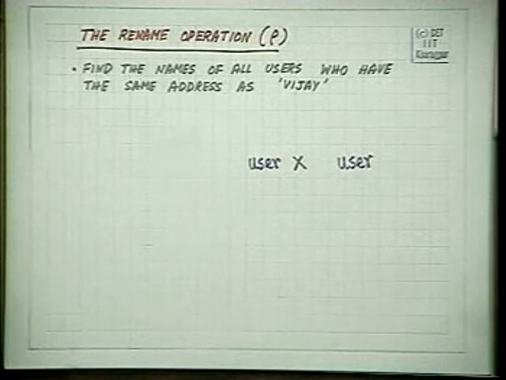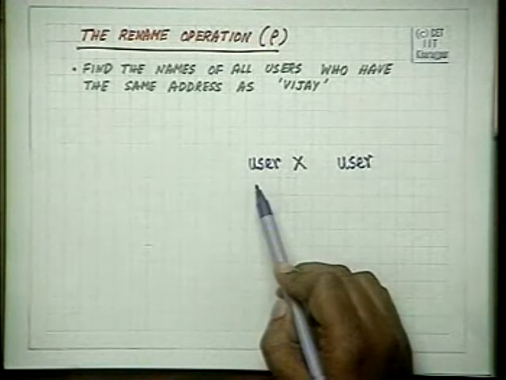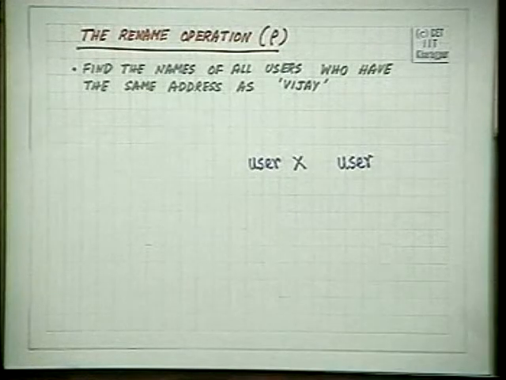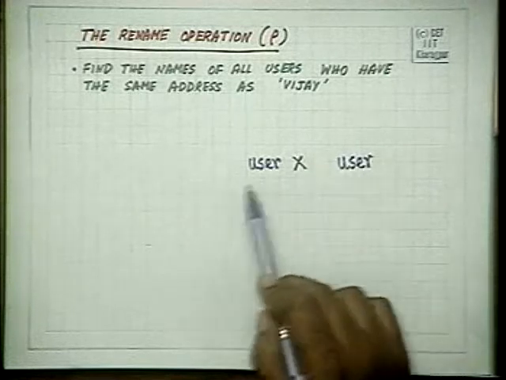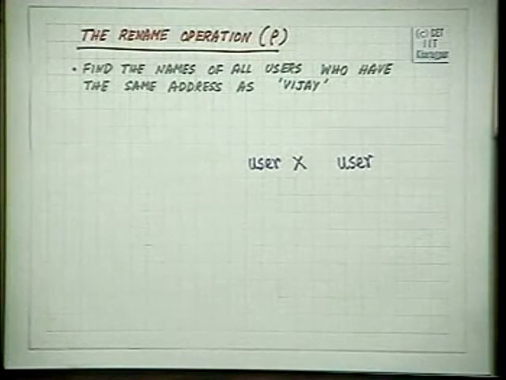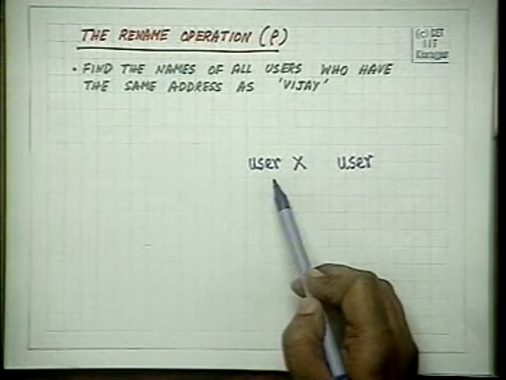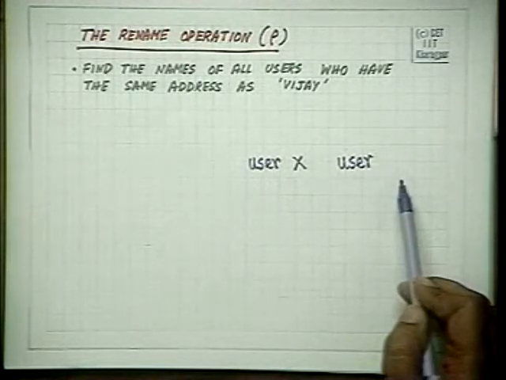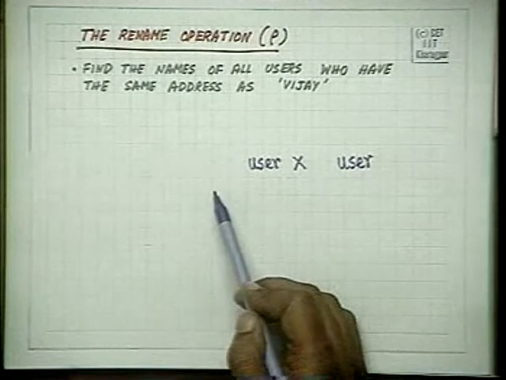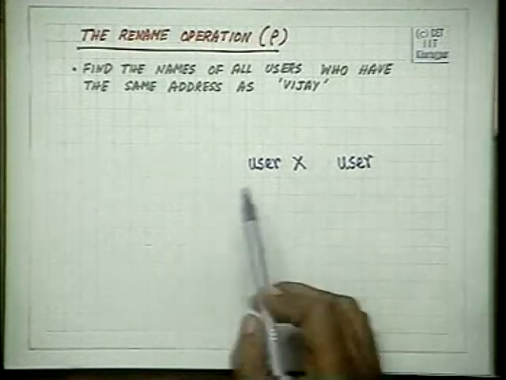Now, if user has got 3 attributes, then the Cartesian product will contain 6 attributes. But we will not be able to uniquely differentiate between these 6 attributes, because both will have user dot borrower's name, user dot address. What do we want to do?